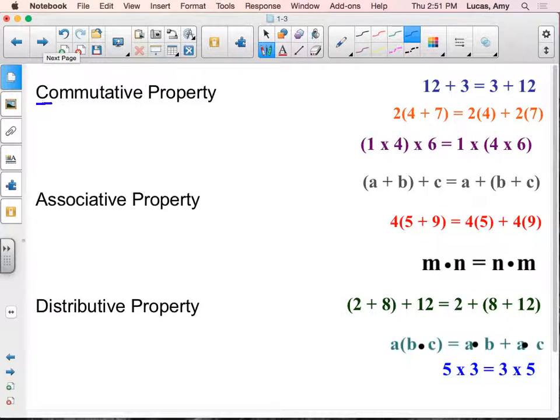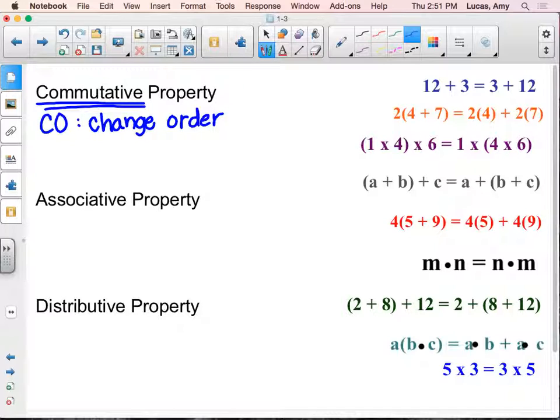The commutative property, some of the things that can maybe help you remember the commutative property, the C and O, the first two letters in commutative, you could think of as saying change order. Change order. So the two things that are being added or multiplied are just changing order.